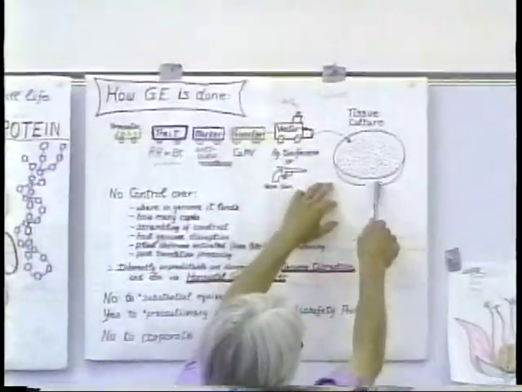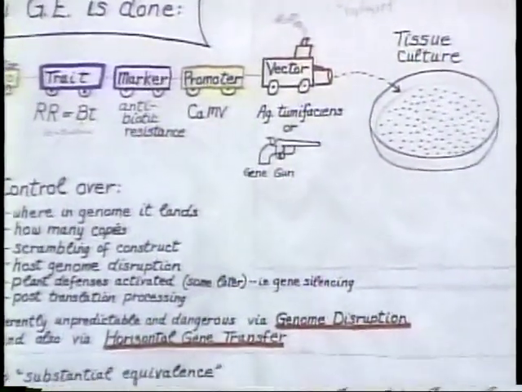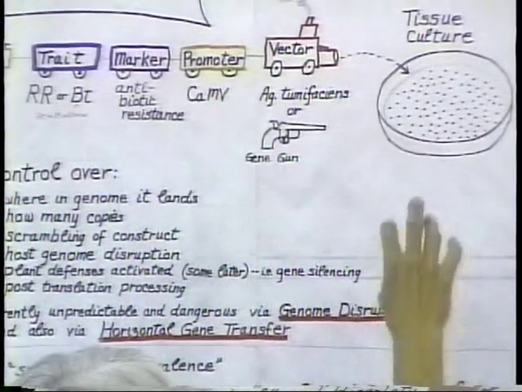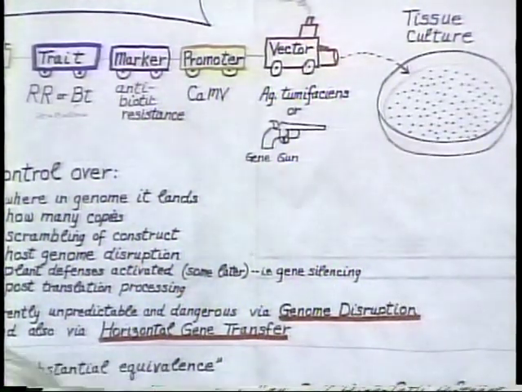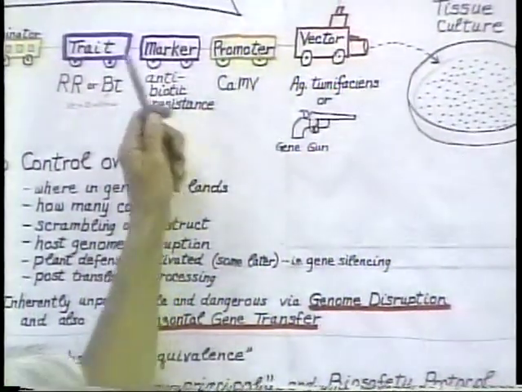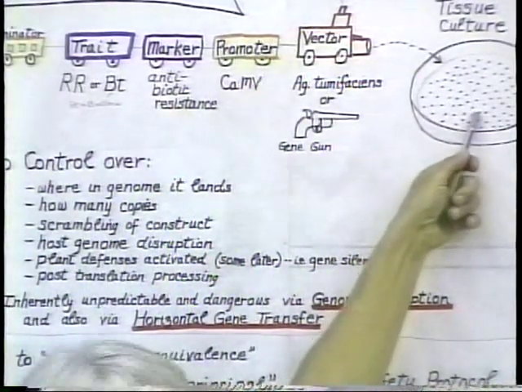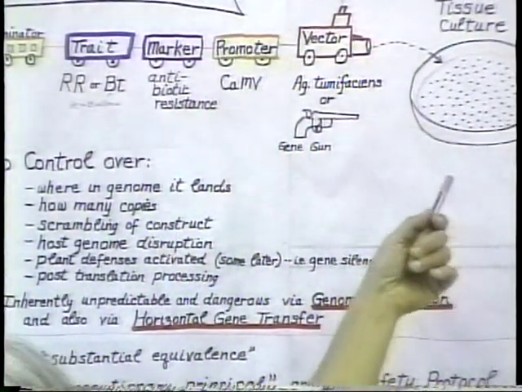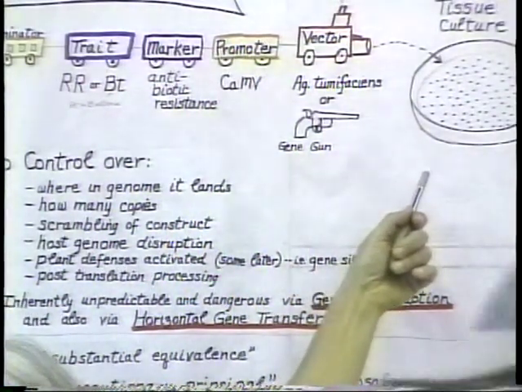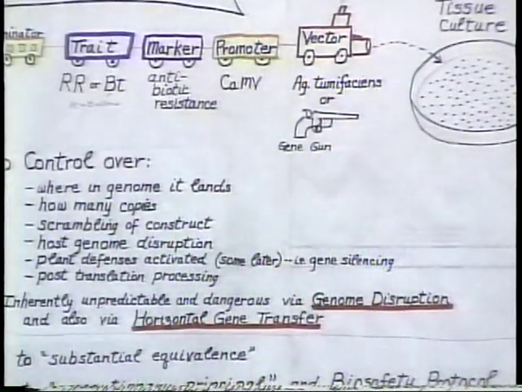You squirt it in there, the vector takes it into the cell, the promoter promotes it, and when it's successfully inserted and working, then later you squirt this petri dish with an antibiotic, and if the whole package is working and expressing, it won't die from the antibiotic. Is that clear? Did everybody get that? So that's basically it. That's how they do it.